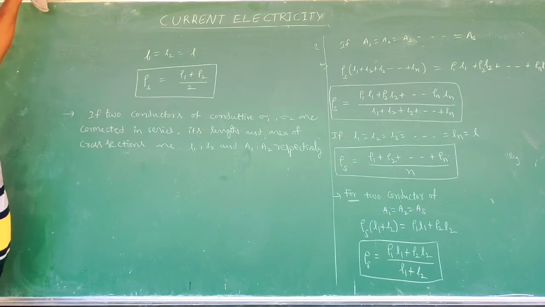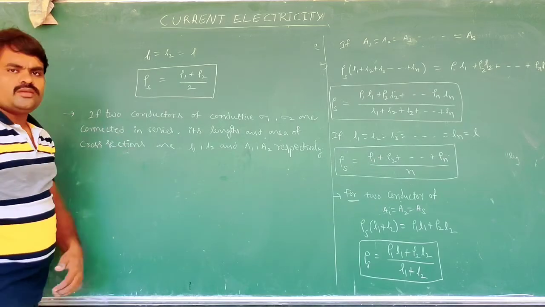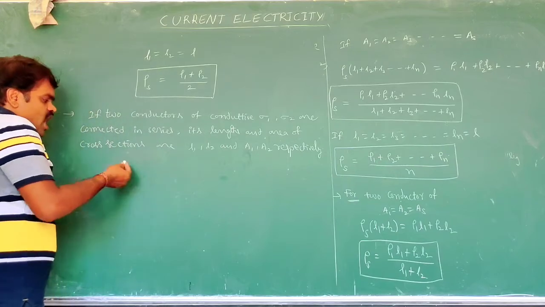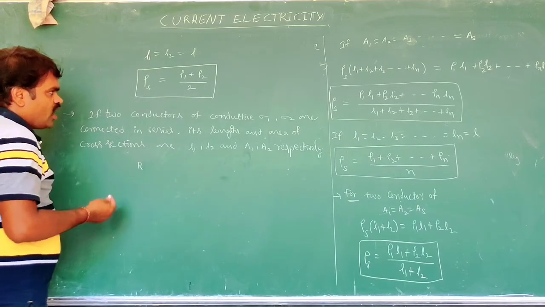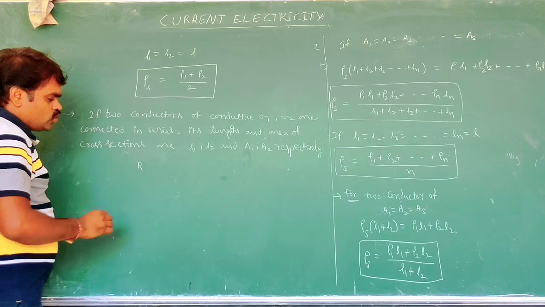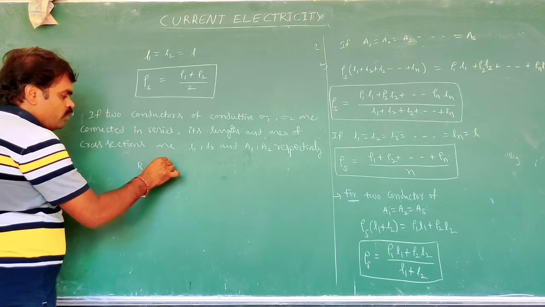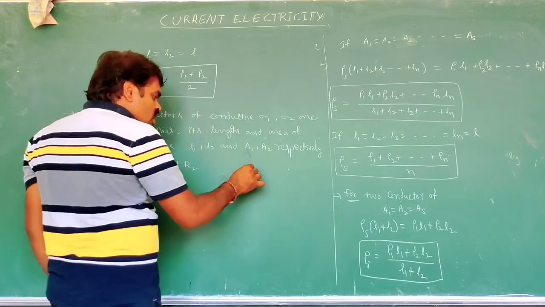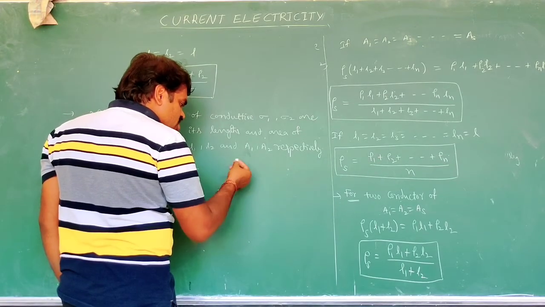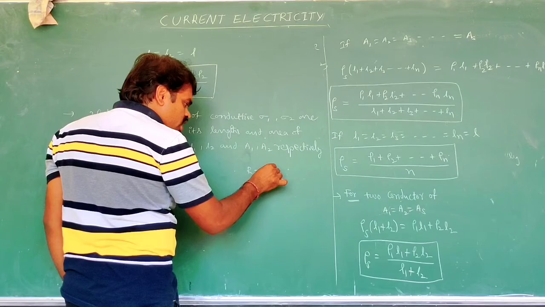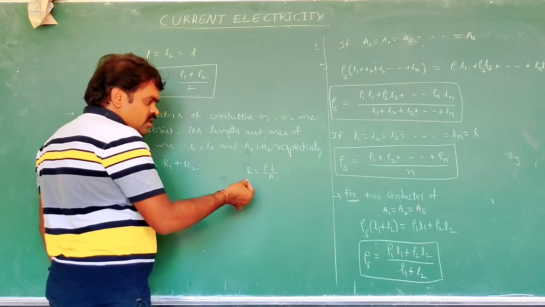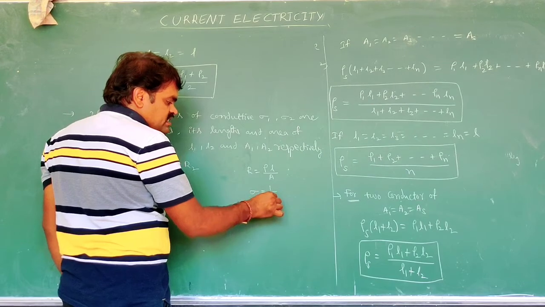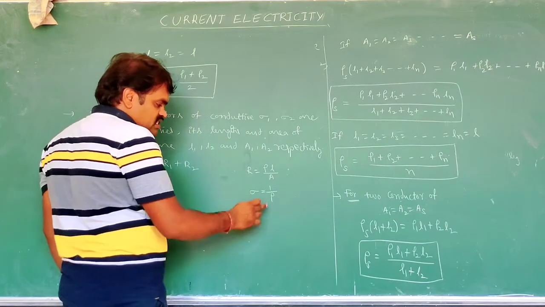Before, we were discussing resistivity; now we are discussing conductivity. We know that Rs is equal to R1 plus R2. The resistivity in relation with resistance: R is equal to rho L by A. But we know the conductivity is the reciprocal of resistivity.